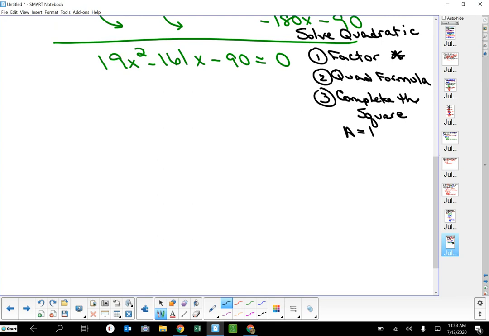All right, so here's the deal for this. If we factor this guy, we have 19 times 90, which is 1710. And a negative 161 in the bottom, which means we're going to subtract these values. And so a negative 171 and 10 actually works. I'll use blue.